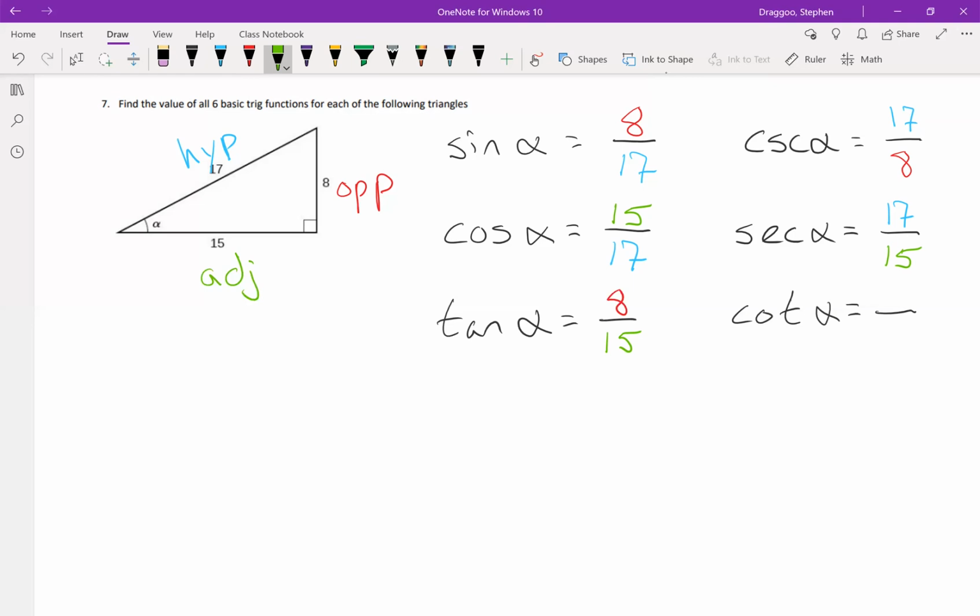And then cotangent is adjacent over opposite, so 15 over 8. And again, each of the later 3 trig functions are reciprocals of one of the first 3. So I could have also solved them just by taking the reciprocal, or the flipped fraction, of the first set once I'd found them.